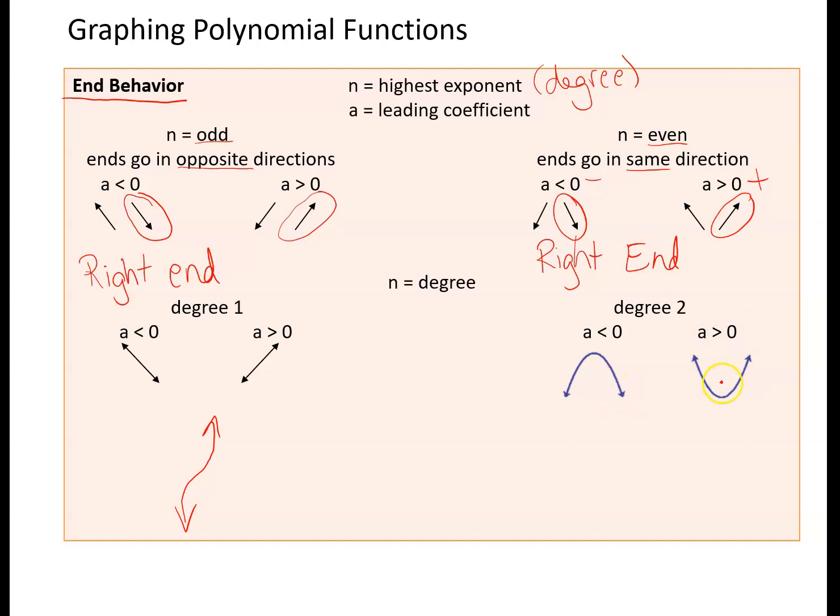When a was positive, it opened up, so both ends up. So don't really think about, oh, I'm going to have to memorize this whole chart here. This is called the leading coefficient test, by the way. And don't really try to memorize it. Just use things we've already learned about linear and quadratics to apply to any odd or even degree function.